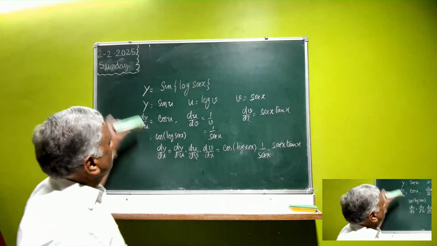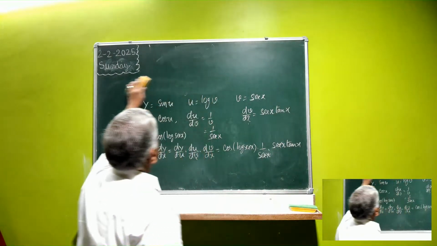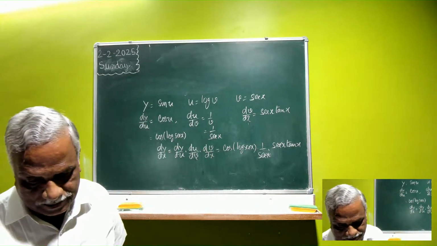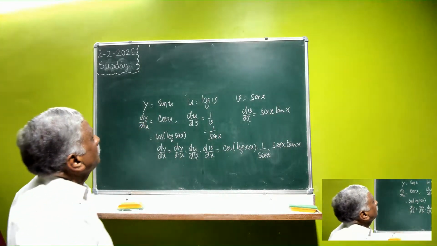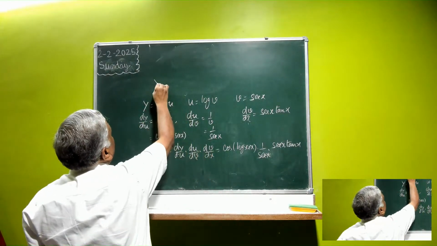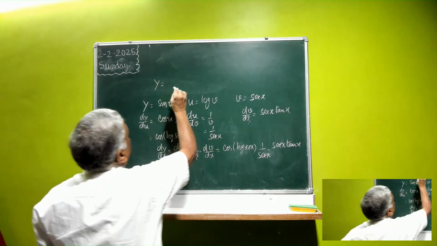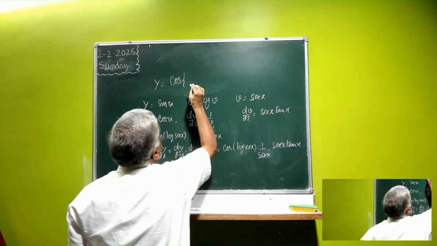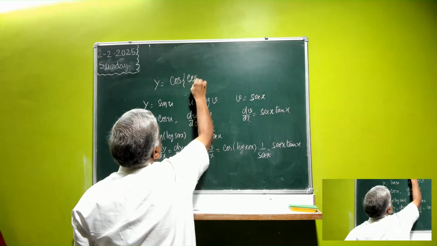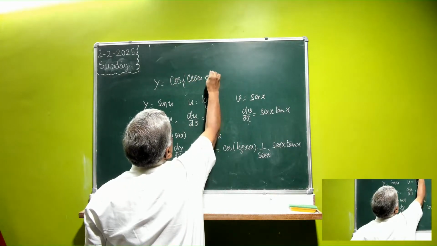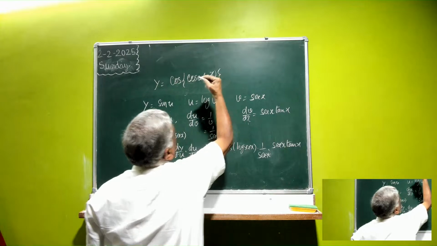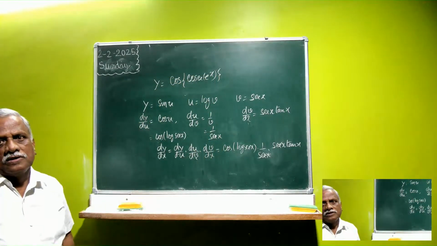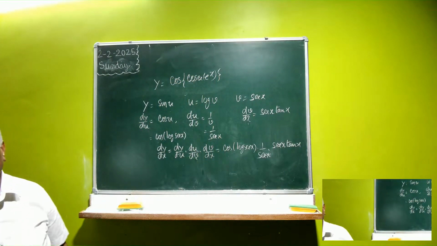Let me go to one more problem involving two variables. y is equal to cos of cosecant of e to the power x.